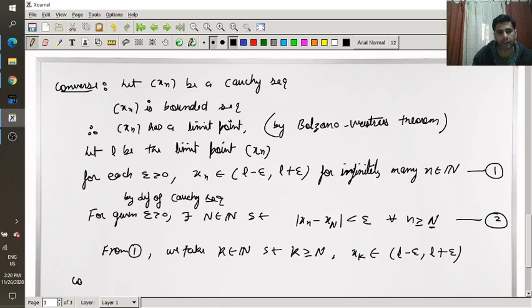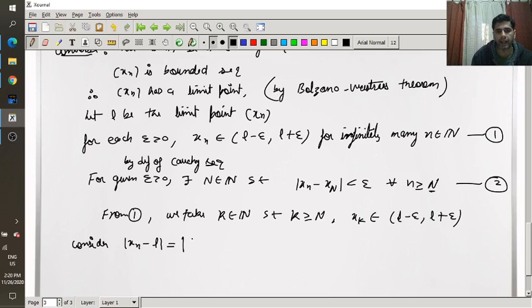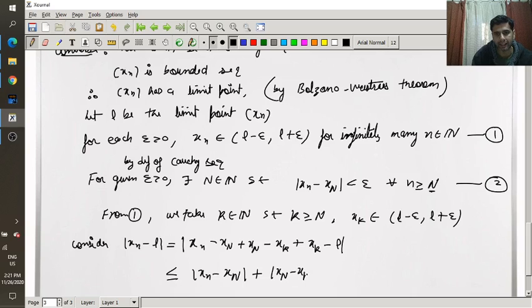So now we are considering |xn minus L|. I will add some values, like minus xk plus xk, so |xn minus L| equals |xn minus xk plus xk minus L|, and this will be less than or equal to |xn minus xk| plus |xk minus L|, right?